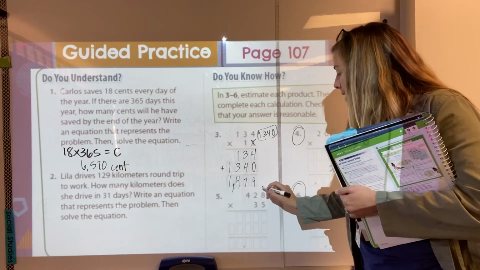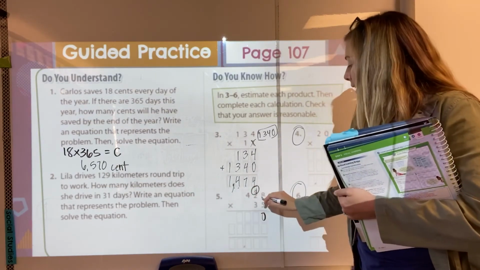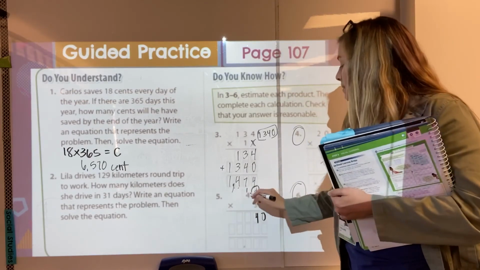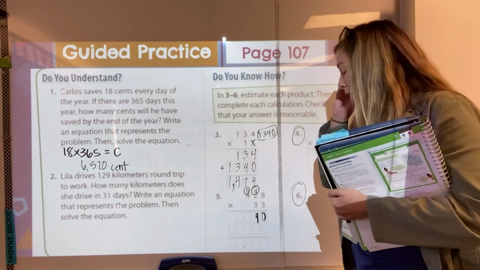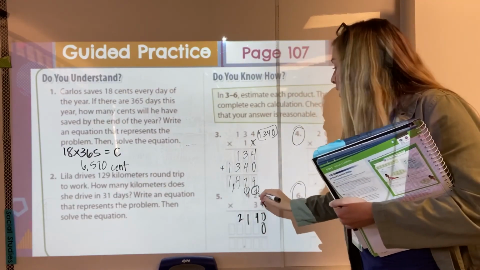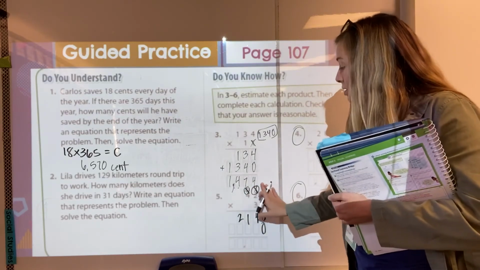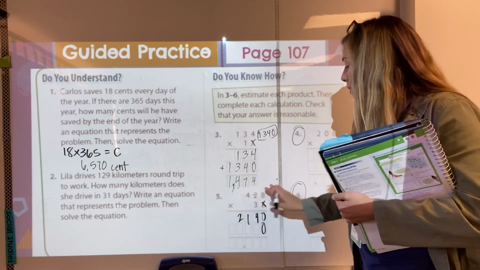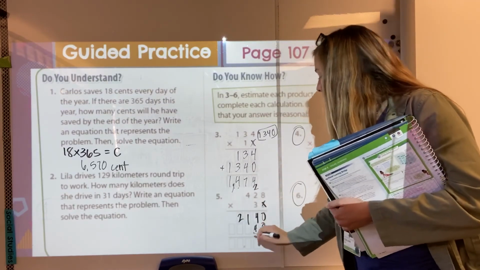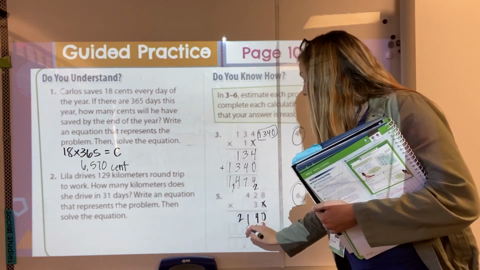Well, 5 times 8 is 40, so I'm going to carry this 4 over, put my 0 down below. 5 times 2 is 10, plus 4 is 14. 5 times 4 is 20, plus 1 more is 21. 0 here, crisscross out my old numbers. And I'm going to do 3 times 8. I'm actually going to erase my old numbers because I'm running out of room. 3 times 8 is 24. 3 times 2 is 6, plus 2 more is 7, 8.